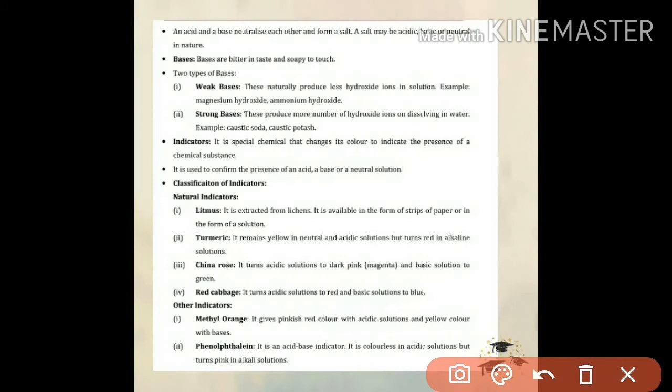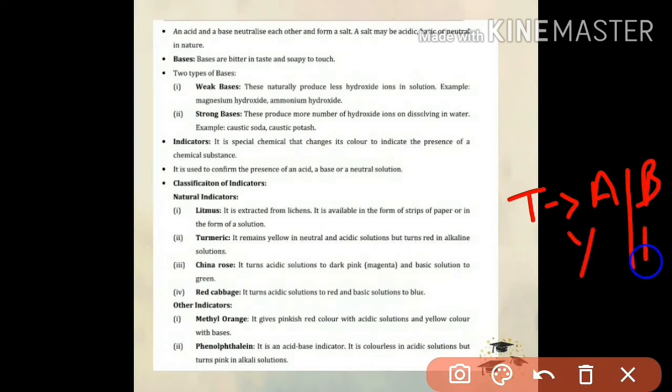In turmeric indicator, referring to indicator as T, acid as A, base as B. In turmeric indicator, the acid stays yellow, but the base turns red.